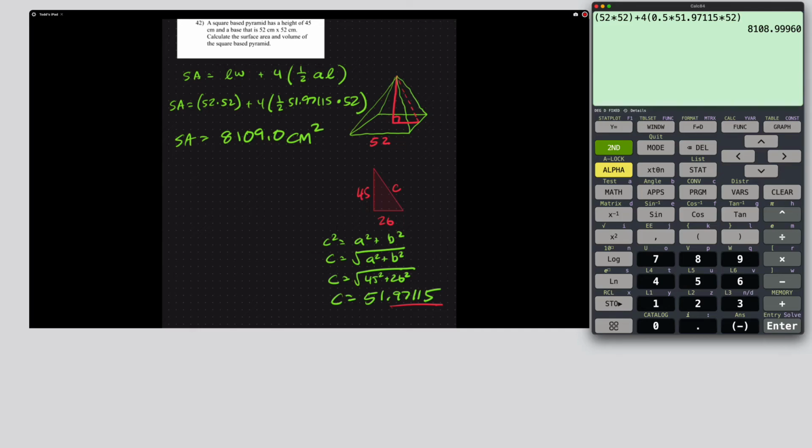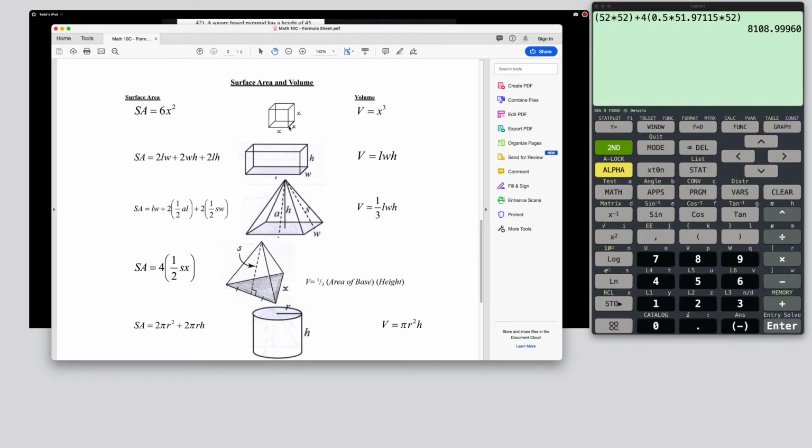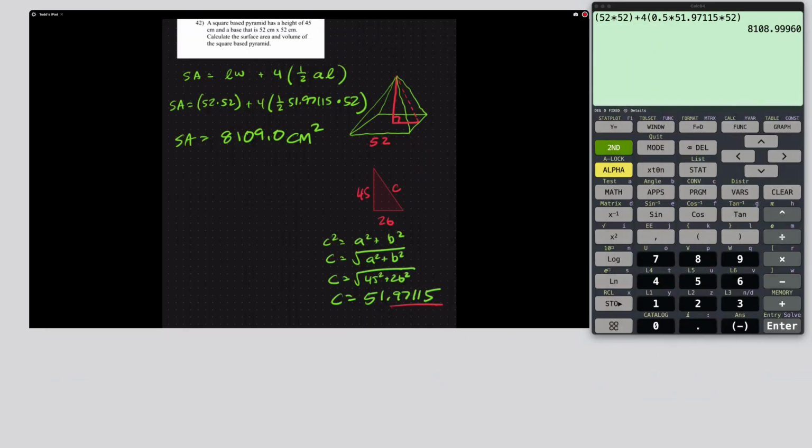Well, according to our formula sheet, it's length times width times the height, which is the height in the middle here, divided by 3. Okay, so the volume equals length times width times height divided by 3. So that's going to be 52 times 52 times 45 divided by 3. And that doesn't get any simpler right there.